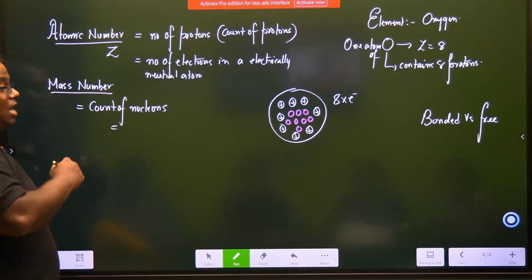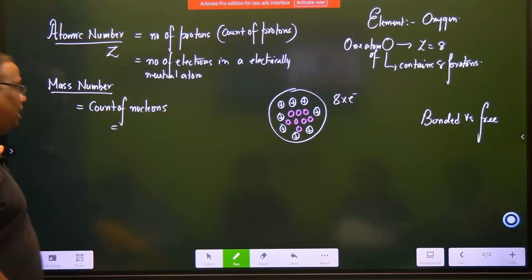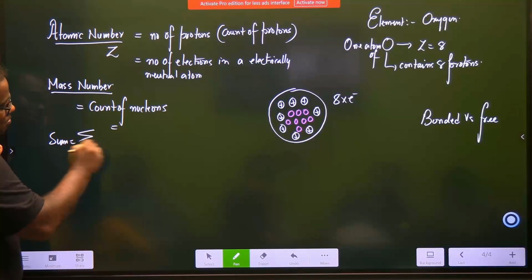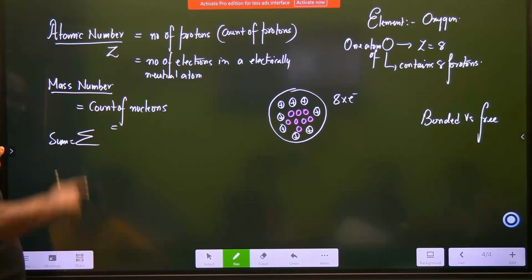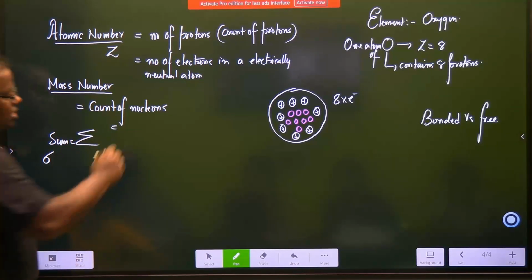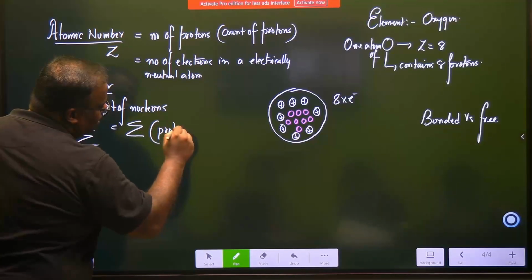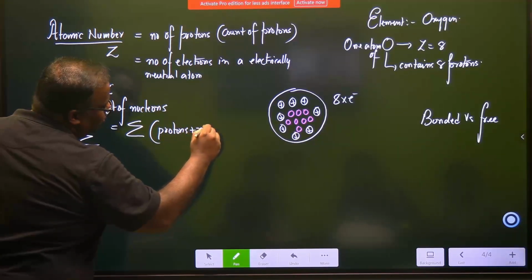Anything when we do a sum, we call it a sigma, okay? Anything which is a sum. A sum in mathematics is represented by this symbol. This is sigma. This is capital sigma. There's a small sigma. This is capital sigma. So this is called the sigma of protons plus neutrons.